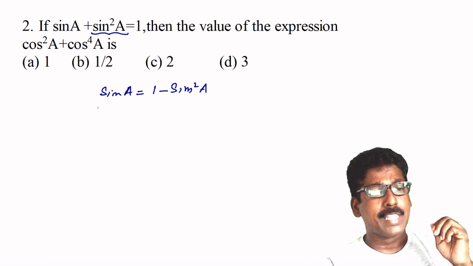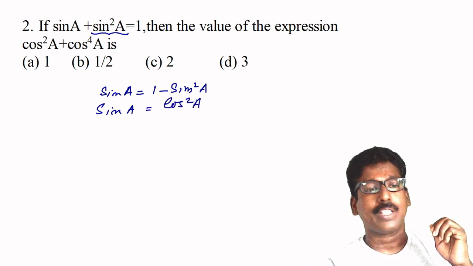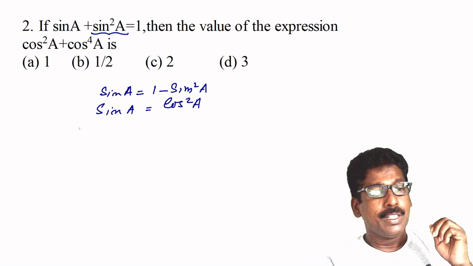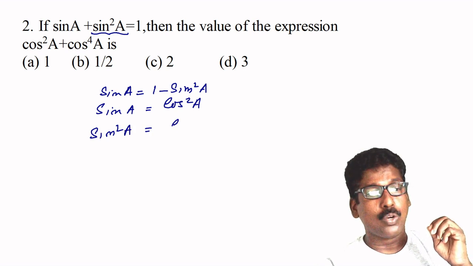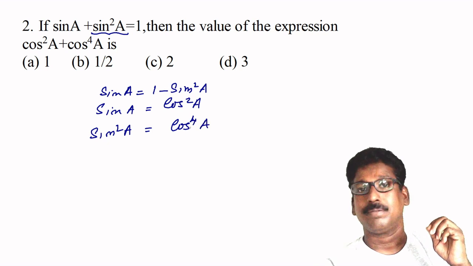And 1 minus sin square a is cos square a, so sin a is equal to cos square a. Then what is sin square a? Sin square a is equal to cos square a whole square. Then it will be cos raised to 4a.